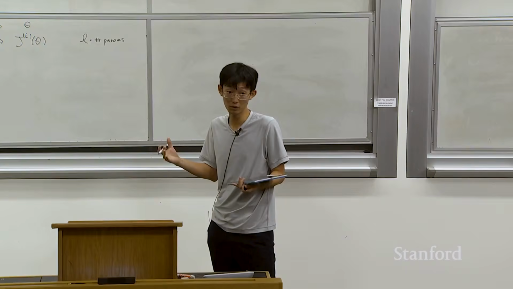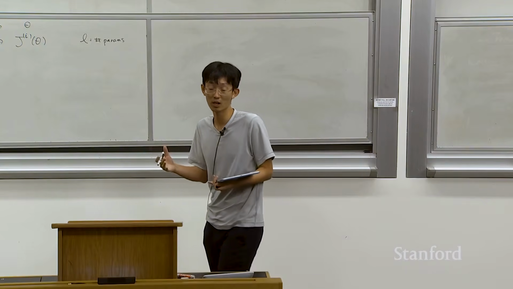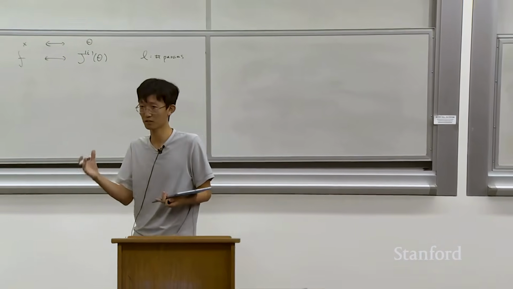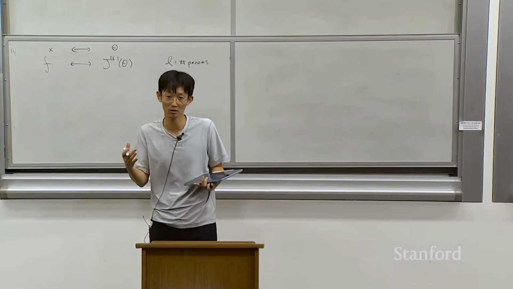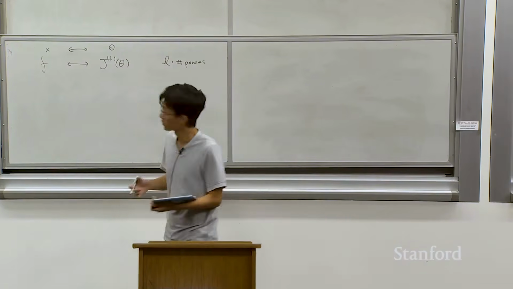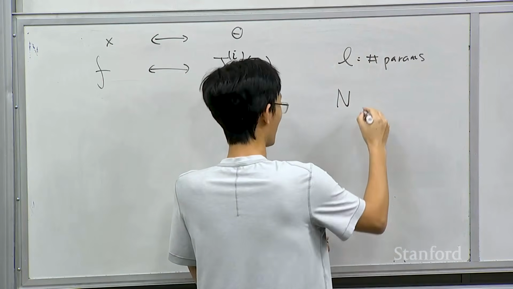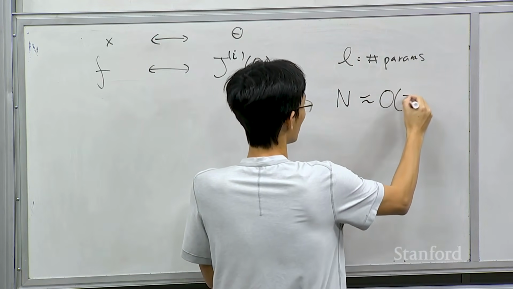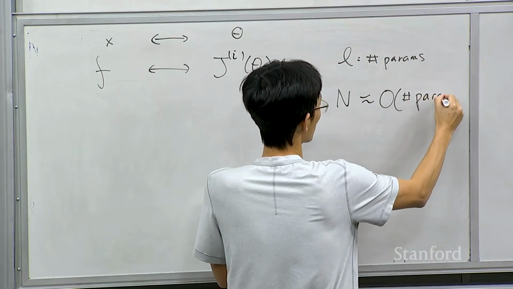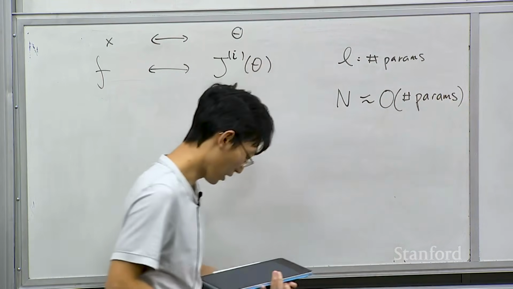How many parameters do you have? You have d squared parameters. And how many operations do you need to do the matrix-vector product? You also need d squared operations. So in neural networks, the number of operations you need is almost always proportional to the number of parameters.